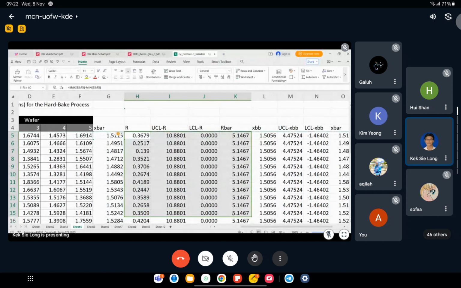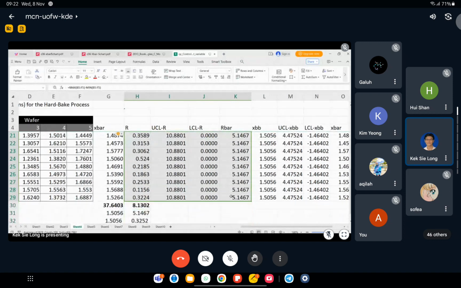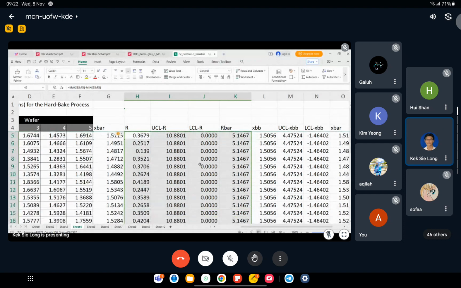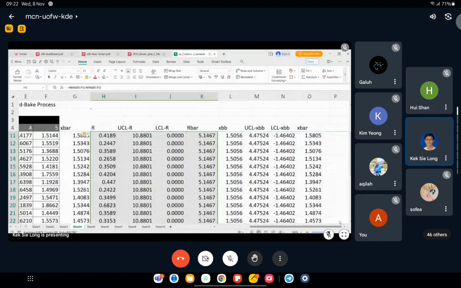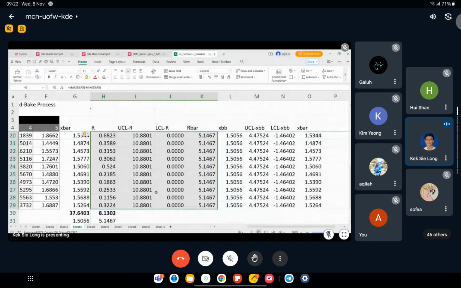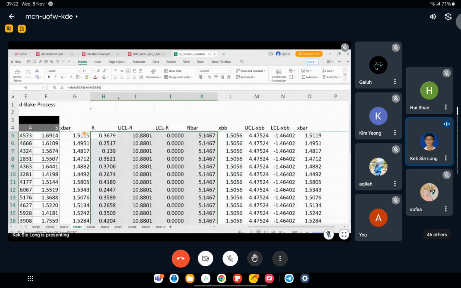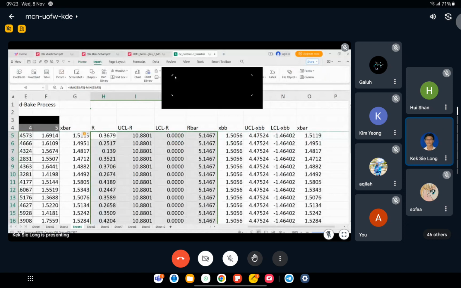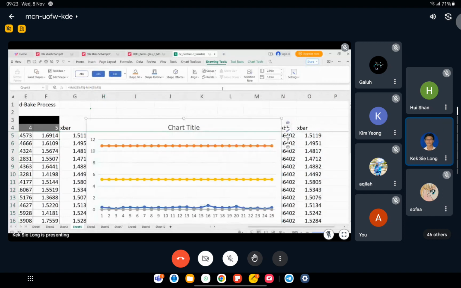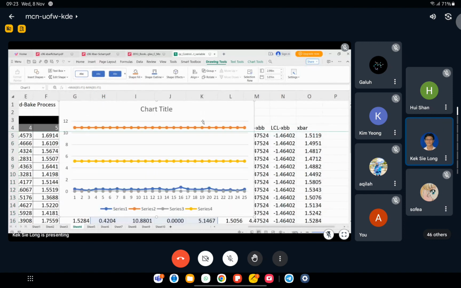Highlight again. Highlight these 4 columns, and then insert. It looks like this.